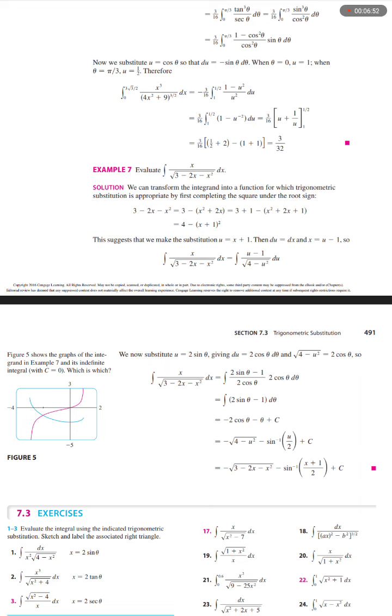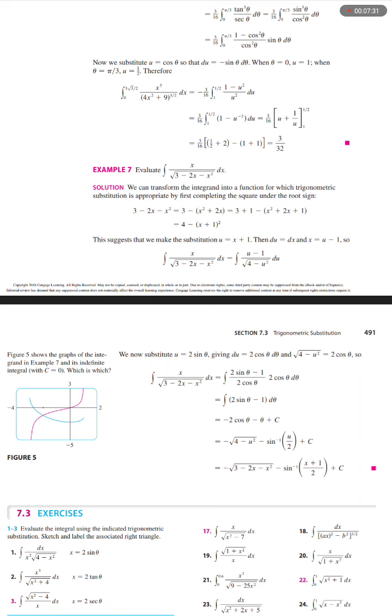3 minus 2x minus x squared equals 3 minus (x squared plus 2x) equals 3 plus 1 minus (x squared plus 2x plus 1) equals 4 minus (x plus 1) squared. This suggests that we make the substitution u equals x plus 1, then du equals dx, and x equals u minus 1.